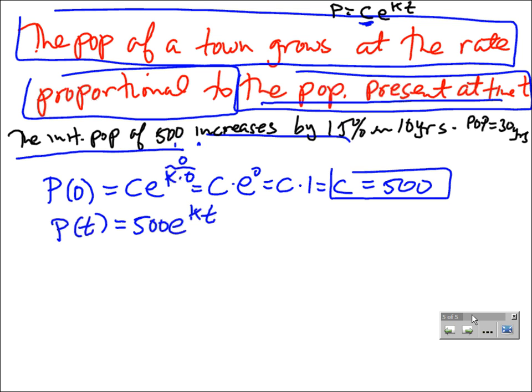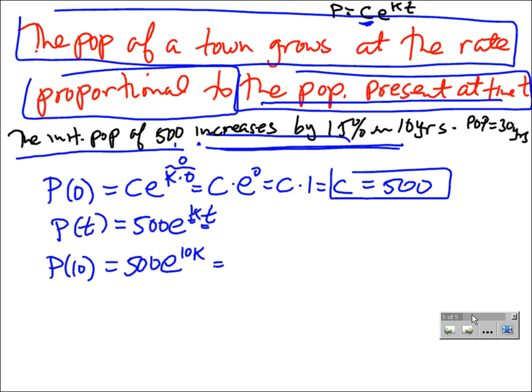Now, they told us it increases by 15% in 10 years. So in 10 years, on one hand, we have 500 e to the 10 times k. On the other hand, we have 500 plus 15% more.